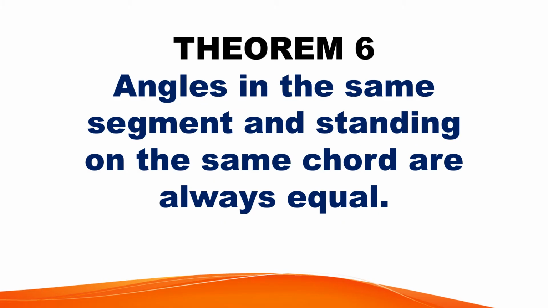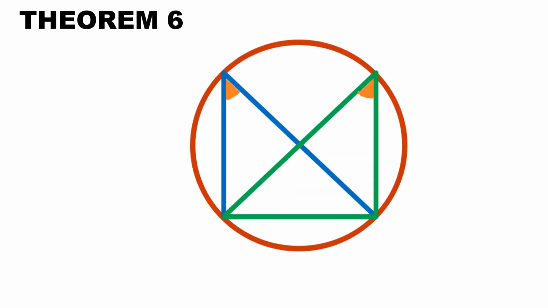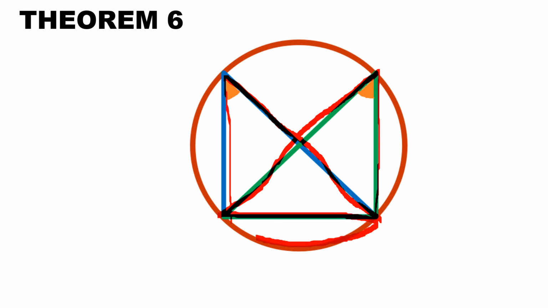Theorem number 6. Angles in the same segment and standing on the same chord are always equal. Okay, let's go to theorem number 6. Ang sabi dito, angles in the same segment. So, this is an angle. And this is another angle. And they are standing on this segment.